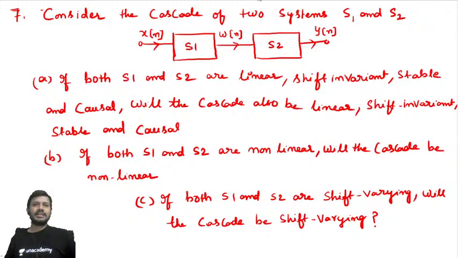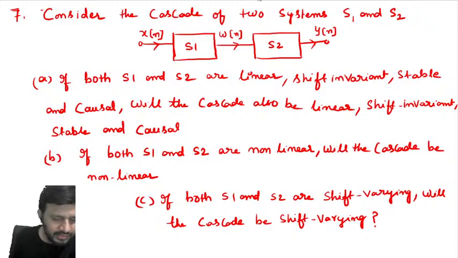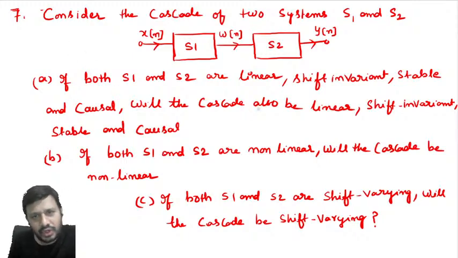Next question. Consider the cascade of two systems S1 and S2. Input to S1 is x of n, output of S1 is w of n, and output of S2 is y of n. And he has given some statements. First statement: if both S1 and S2 are linear, shift invariant, stable and causal, will the cascade also be linear shift invariant, stable and causal? Shift invariant means time invariant.